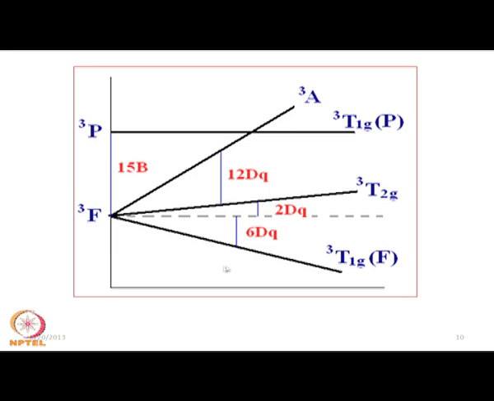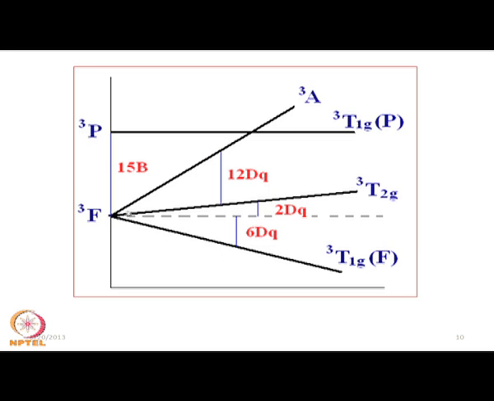So, how we see these transitions involving the 3P level from here and the 3F level as the ground state. In this particular case we have the corresponding diagram, a very basic one, which we can consider as the Orgel diagram, and in the final form it can be considered as the Tanabe-Sugano diagram.